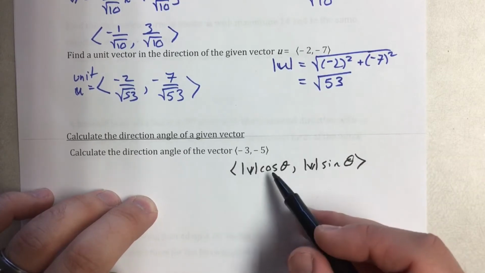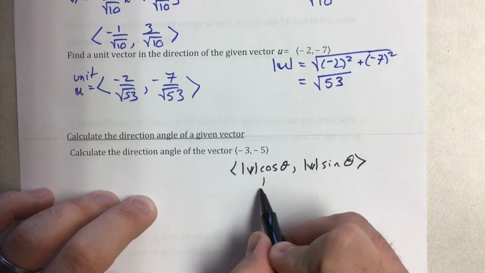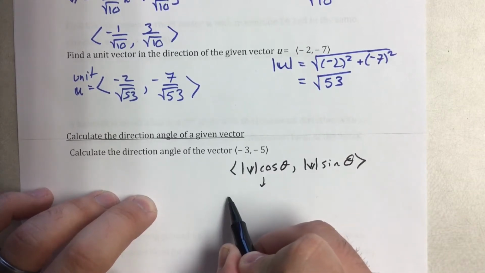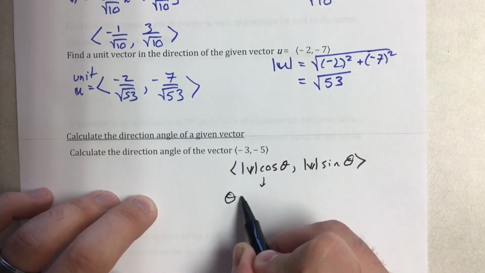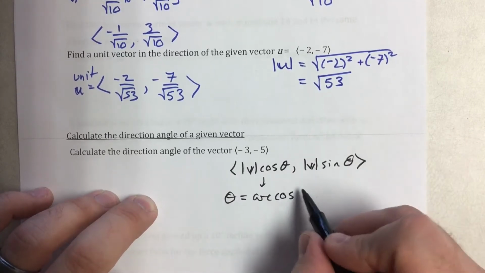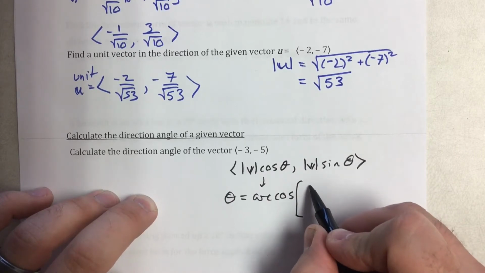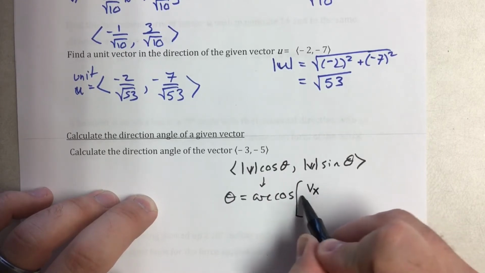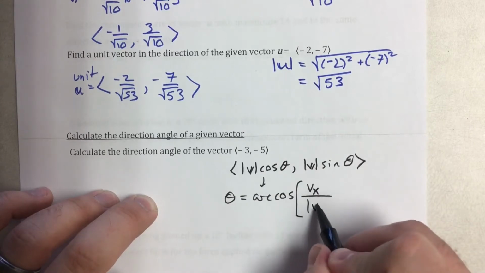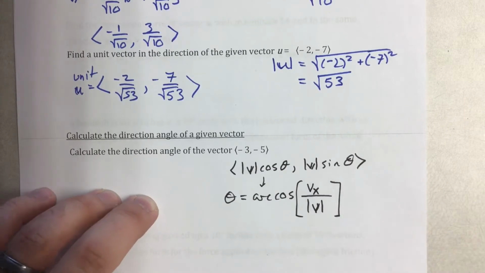This would require us to find the magnitude, and then say, if I want to find the direction angle, it's going to be equal to the arc cosine of the x component of the vector divided by the magnitude of the vector. If I did arc sine, it would be the y component over the magnitude.